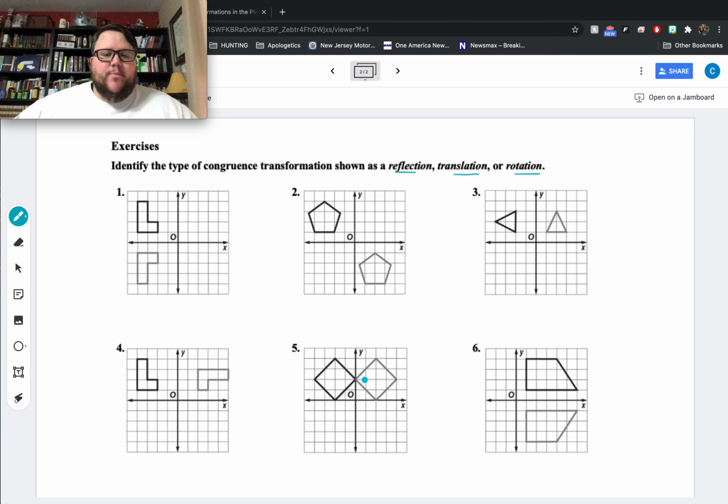Not that it's tricky, but it could be two different things. If you notice, number five, it could be a reflection because it flips over the y-axis, but it could also constitute as a slide or a translation. So number five has two choices. And then number six, again, this one is a flip. It flips over the x-axis, so that's a reflection.